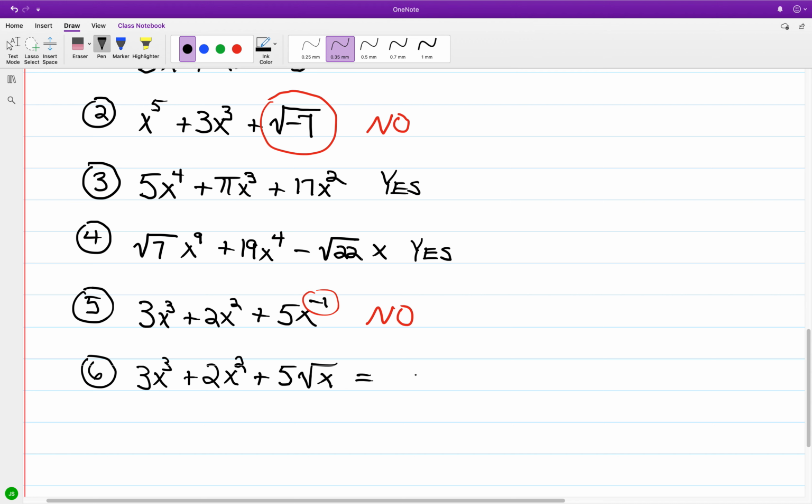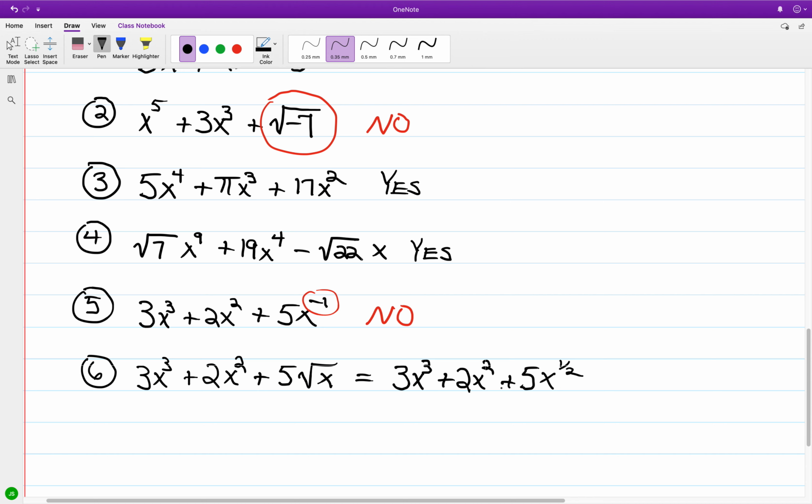And since we're looking at the degrees of x as part of the test, let's rewrite this as base x to a power, so we have 3x cubed plus 2x squared. Now, for 5 times the square root of x, remember, your index number is at 2, x is to the 1st power, and in the rewrite, square root of x is going to be at x to the 1/2. So far we have, once again, same real coefficients with 3, 2, and 5.